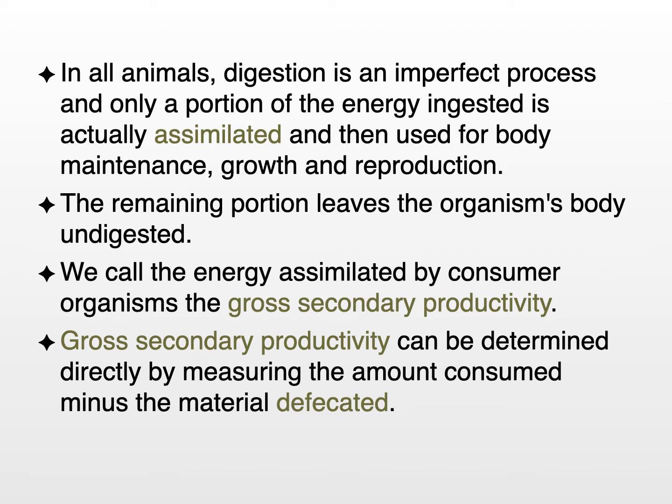We call the energy assimilated by consumer organisms gross secondary productivity. So gross secondary productivity can be determined by directly measuring the amount of organic matter consumed minus the material defecated.